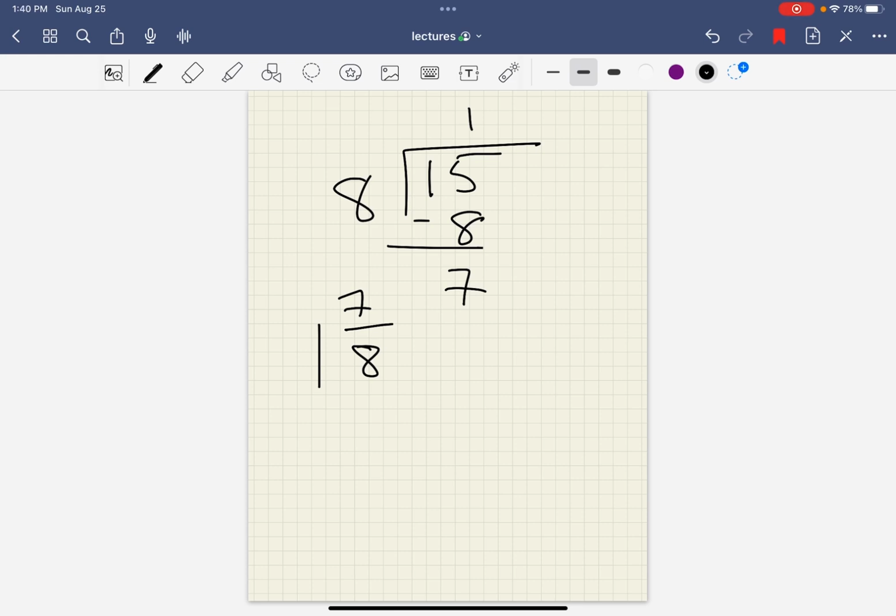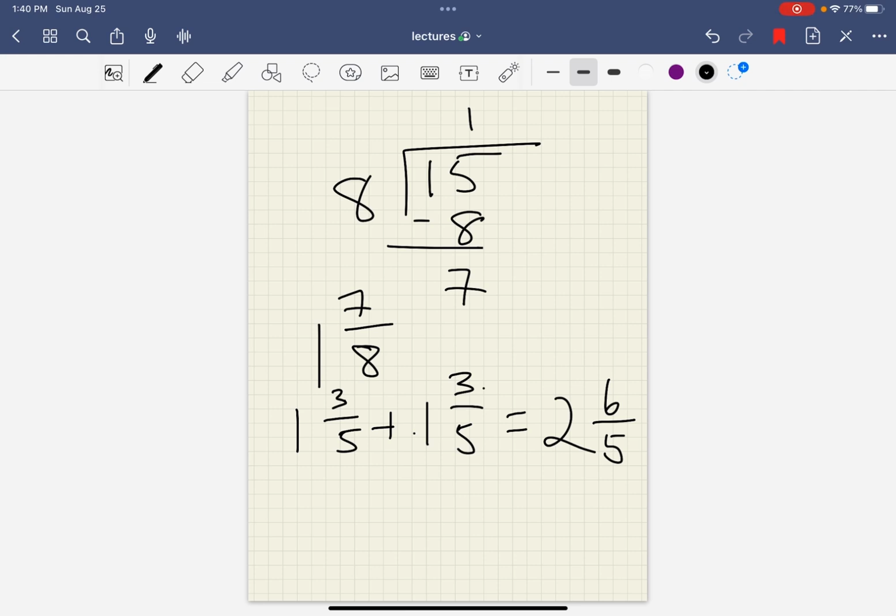Okay. The next one is 1 3/5 plus 1 3/5. So remember, on this one, we add the whole numbers first. So 1 plus 1 is 2. And then we add the fractions. So the denominator is 5, and 3 plus 3 is 6. But now we're left with another improper fraction.